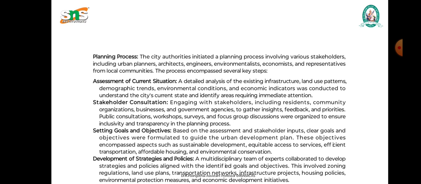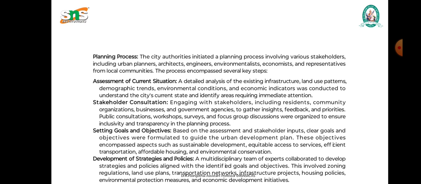The next one is stakeholder consultation, engaging the stakeholders, including the resident community, organizations, businesses, and government agencies, to gather insights, feedback, and priorities. Public consultations, surveys, and focus group discussions were organized to ensure transparency in the planning process.